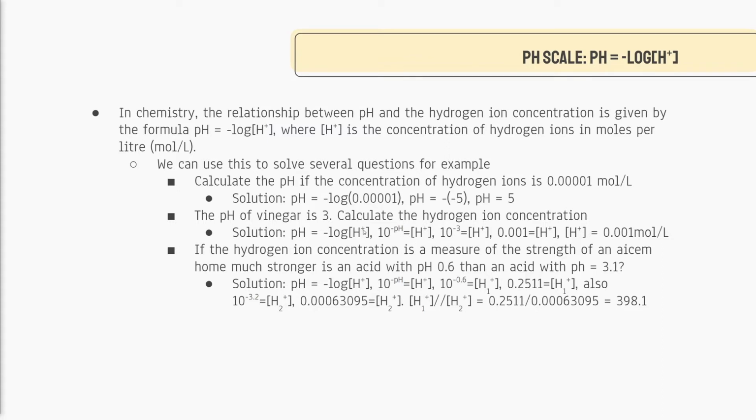And H plus is what it equals. Then we substitute in the 3 for our pH, and we get 10 to the power of -3 is equal to H plus. So then 0.001 is equal to H plus, and so our answer is 0.001 moles per liter. Again, pretty simple. You could probably do this yourself with no problem.